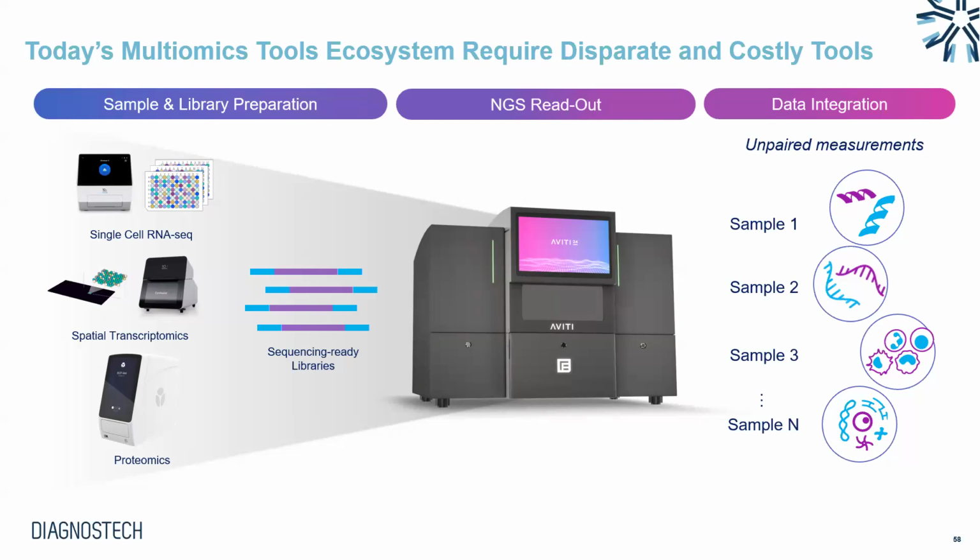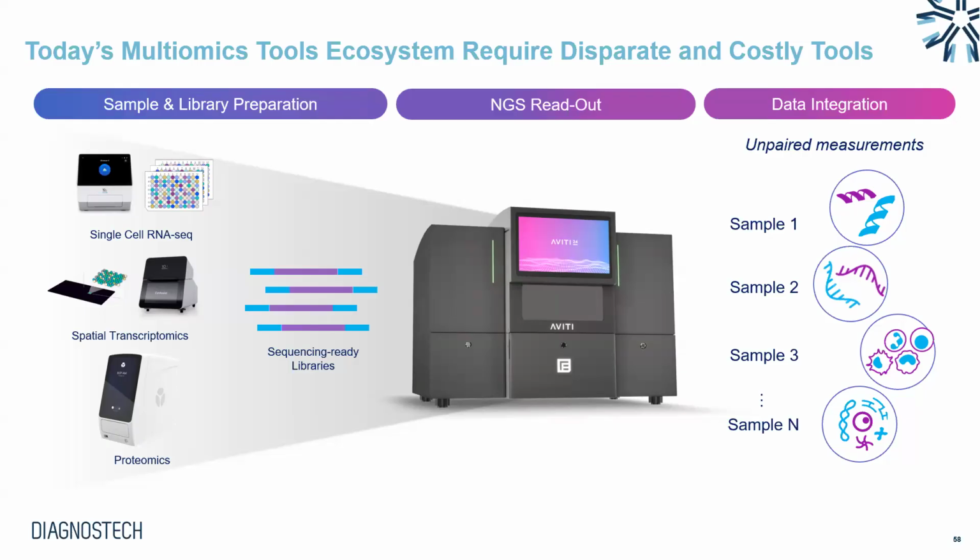You then perform library prep and you sequence on an NGS instrument. But these traditional multi-omic approaches often rely on multiple platforms and complex workflows. But AVITI 24 allows you to interrogate at a deeper level with more integrated insights, and it gives you a full picture of the biology of your sample with one instrument.